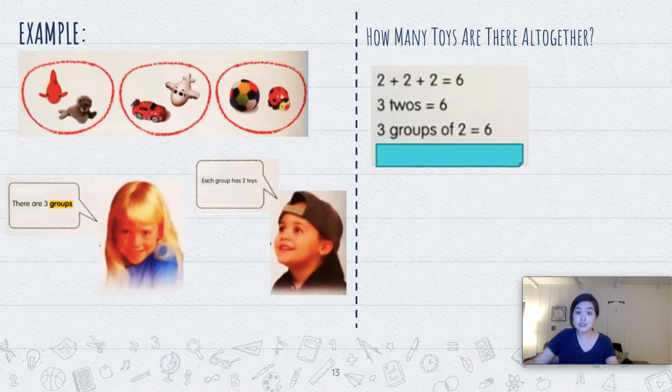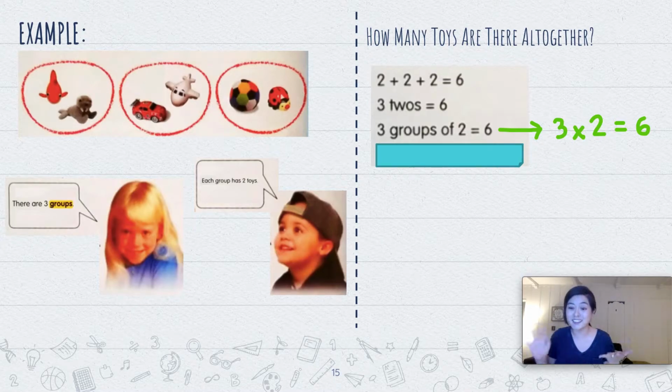You can also think of it as 3 groups of 2, because you see how many groups? 1, 2, 3. 3 groups. How many toys are in each group? 2, 2, 2. So you can think of this as 3 groups of 2 make 6. But did you know that when we talk about groups and repeated addition, it's the same thing as multiplication?